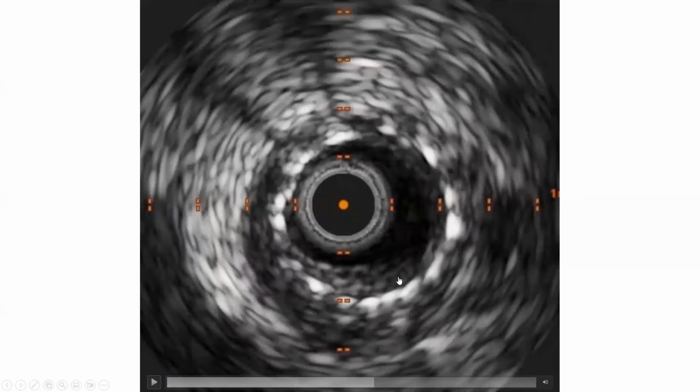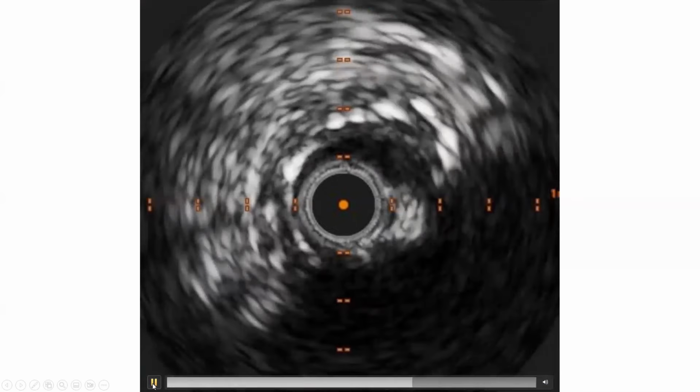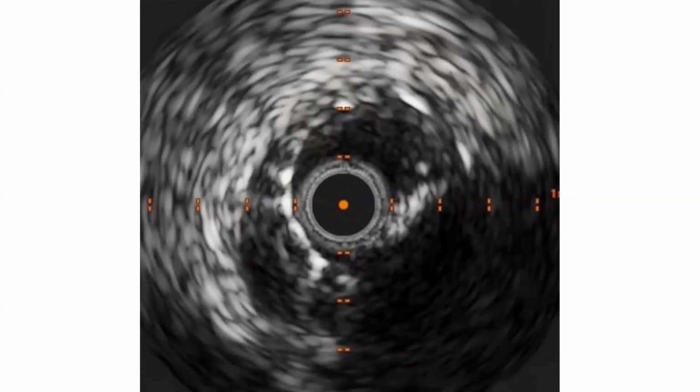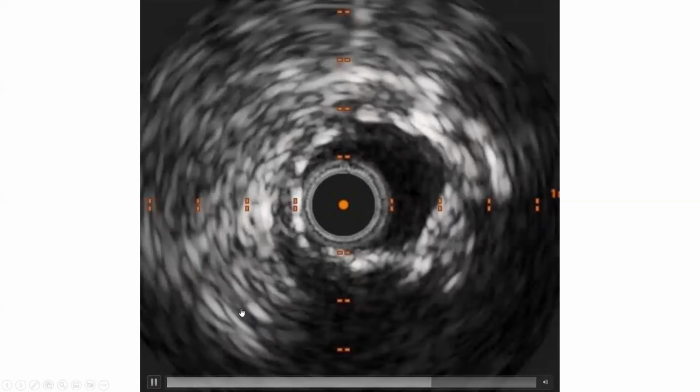Here you see neoatheroma without calcium. Then here you see a big piece of calcium. Inside the stent, you see a big piece of calcium protruding in the lumen. And that's the calcified nodule of that calcified neoatheroma. And that's what caused the patient's ACS.